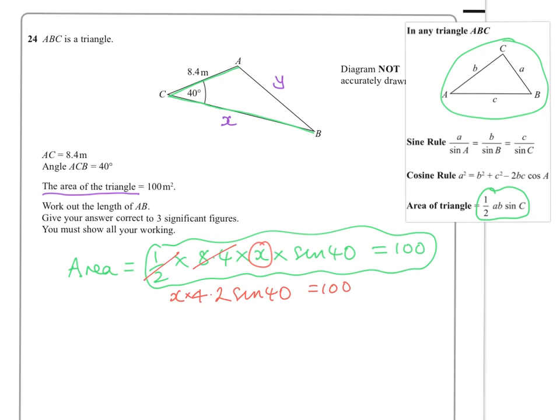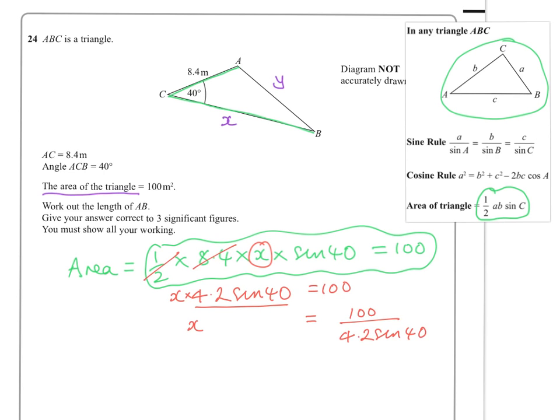And then I'm going to divide both sides by this, and I'm going to give myself x is 100 over 4.2 sine 40. I'm not terribly interested at the moment what that value is. I'm just going to keep it because that's a perfect value. It's not rounded at all, it's exact.